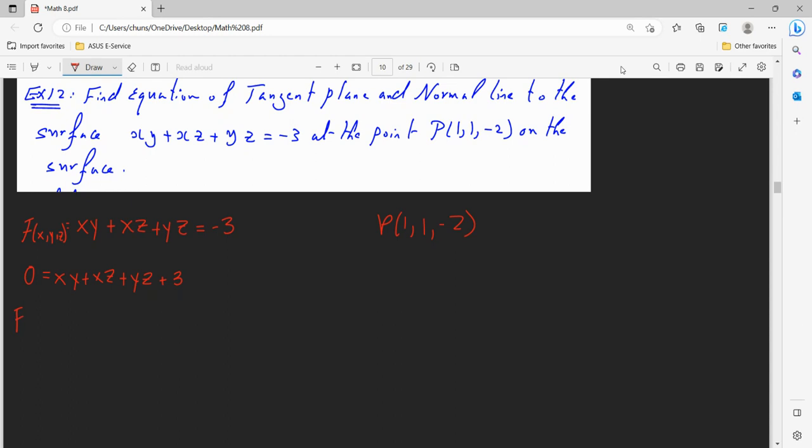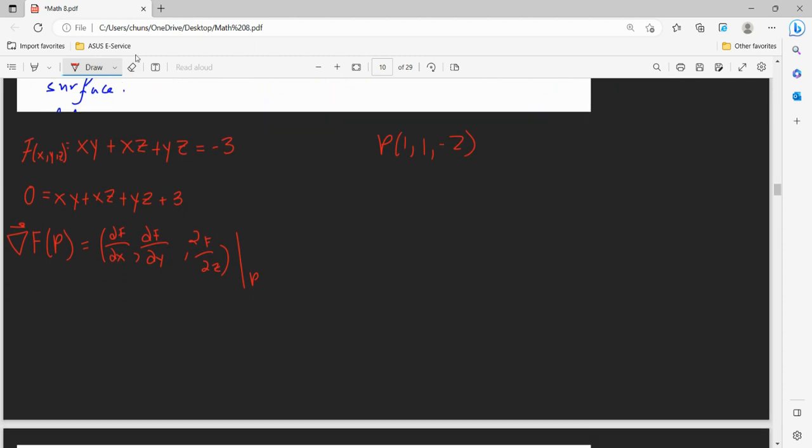So we know that our gradient, let me redraw this. So we know that our gradient for f at a certain point P is equal to our function with partial derivative of x, partial derivative of y, and partial derivative of z at a certain point P. So if we were to do this, I'm going to do this in a different color now.